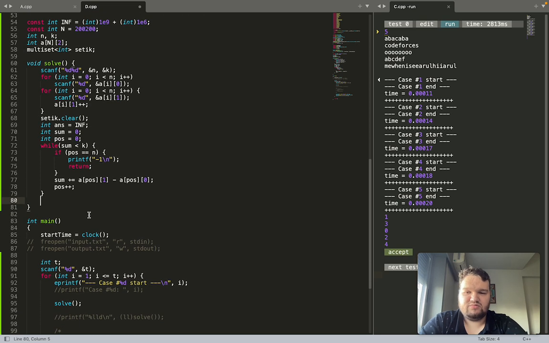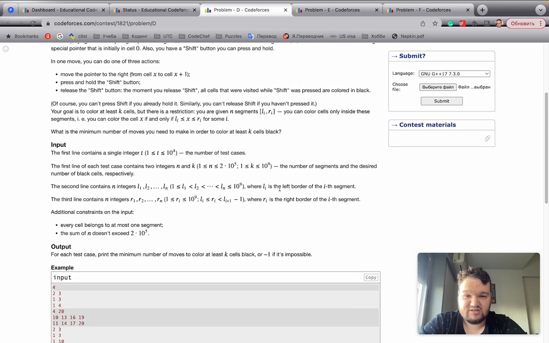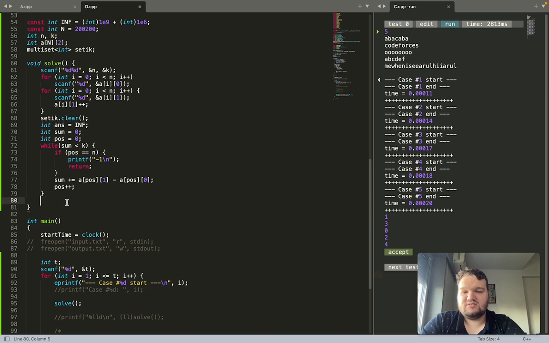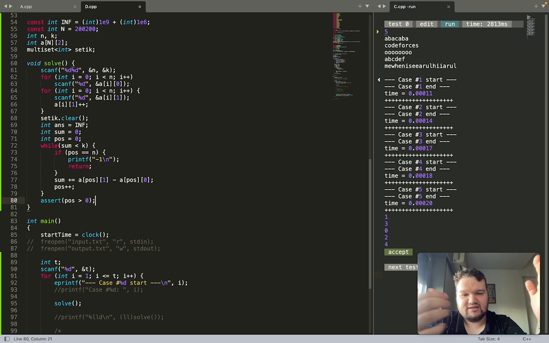Okay, so now since I exited the cycle, the sum is at least k, and I am assuming that k is strictly greater than 0, so pos should be strictly positive. So I should roll back the last action, because I actually need to stop somewhere in the middle of that segment.